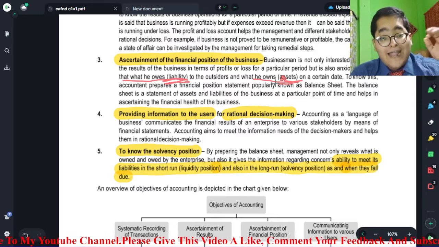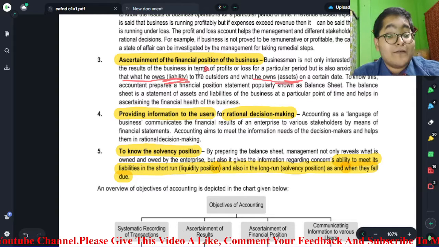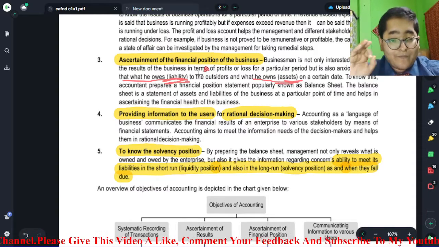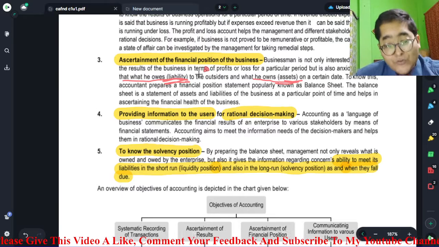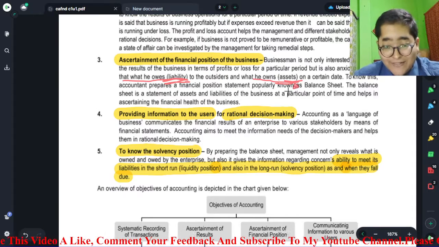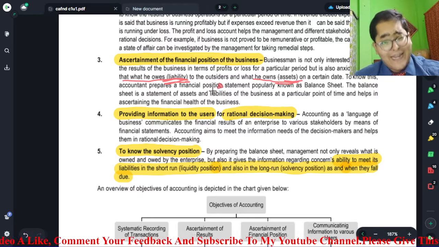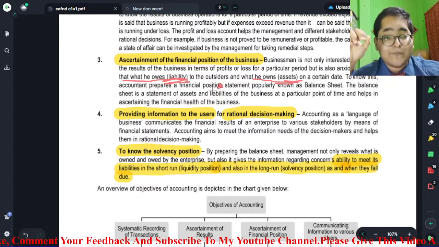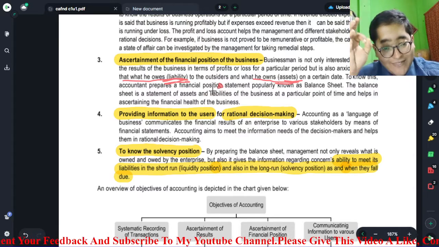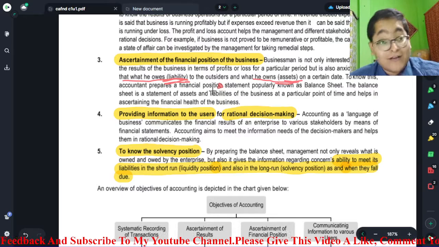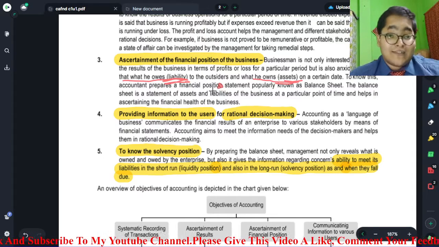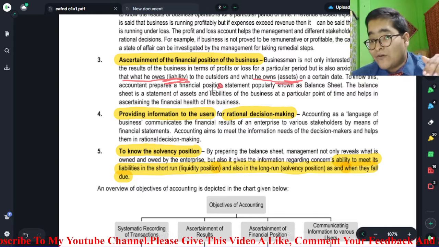To support that, the businessman should know about his assets and liabilities. Liabilities need to be paid at any point of time. That is why the liabilities should be known. Otherwise, how can he pay? If he does not pay the liability, his goodwill will go down.